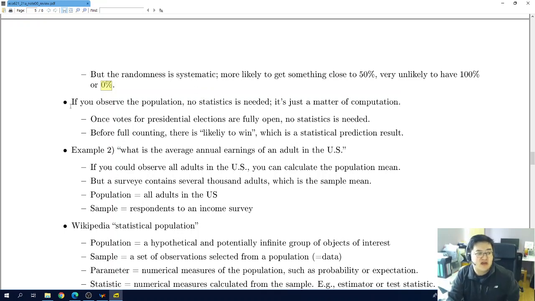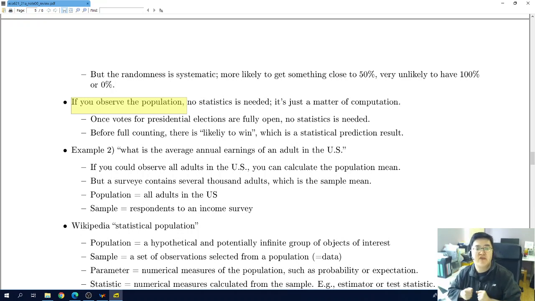So it is interesting to think about this: if you observe the population, if you observe infinite observations, or if you know everything about the population, you don't need any statistics. Statistics is for inference, but in that case, you don't need any inference.